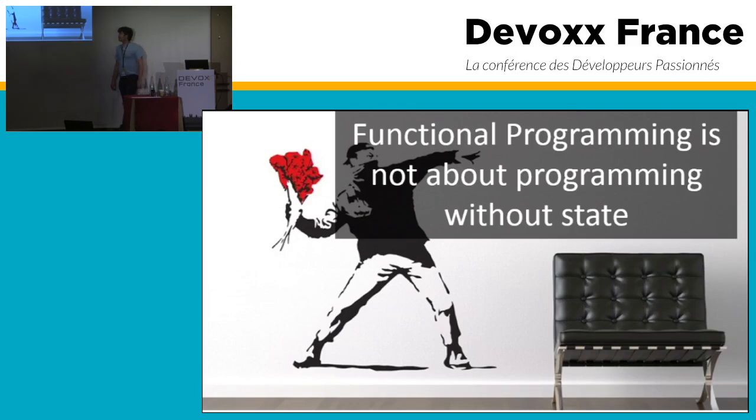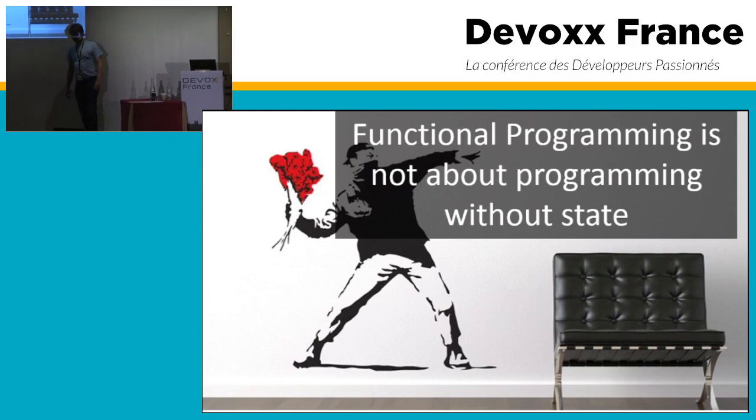Okay, and the other thing I want to talk about, another assertion, is functional programming is not about programming without state. I mean, this is the thing that tends to jump to people's mind when asked what is functional programming. People tend to respond, oh, well, it's programming without state, which, you know, sounds a bit mad, really.